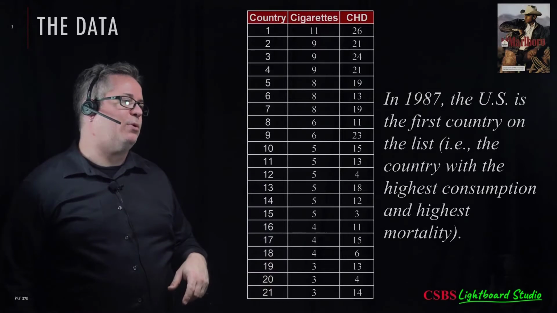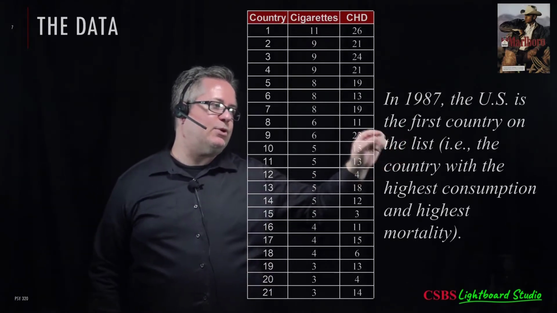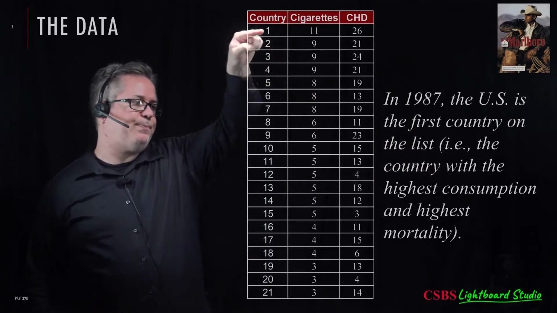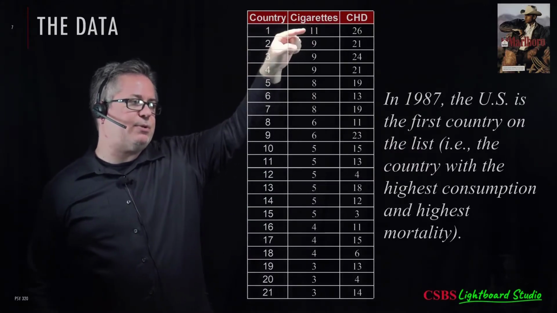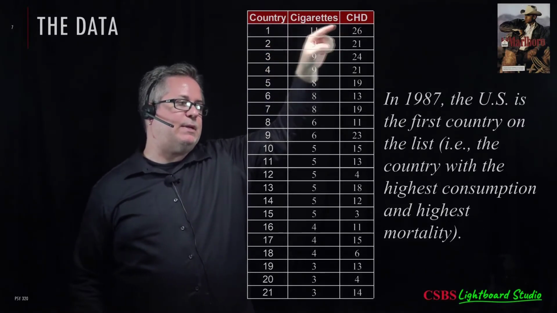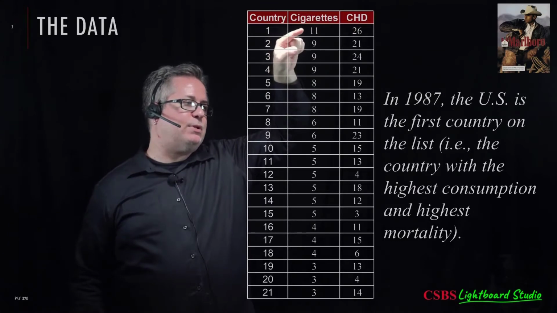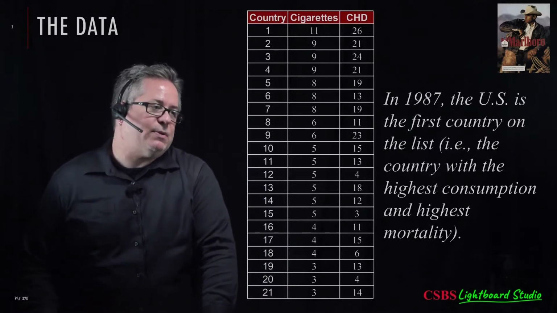Yeah, 33 years ago, the United States was the first country on the list. So country number 1 had the highest cigarette consumption and the highest deaths. These numbers may seem small, but the way this is measured, it's 11 cigarettes per adult per day. So this is an average.